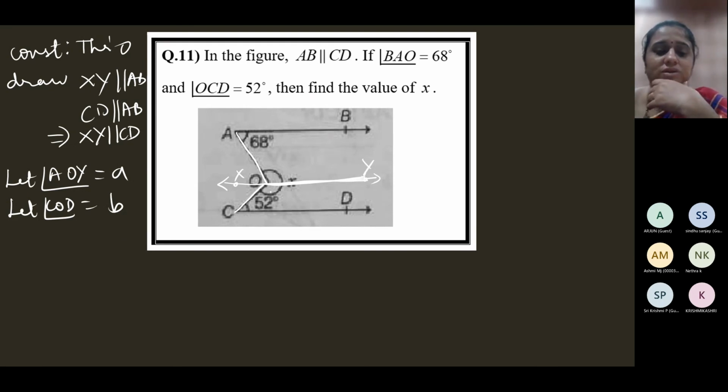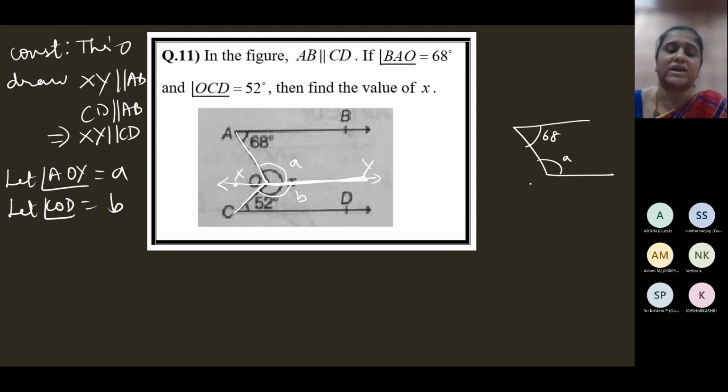So this is the first method, children. The first thing is through O, draw XY parallel to AB. But CD is parallel to AB, so all the three lines are parallel to one another. Now I'm calling this portion A and this portion B. Now 68 and A, parallel line, transversal, parallel line, form a pair of co-interior angles.